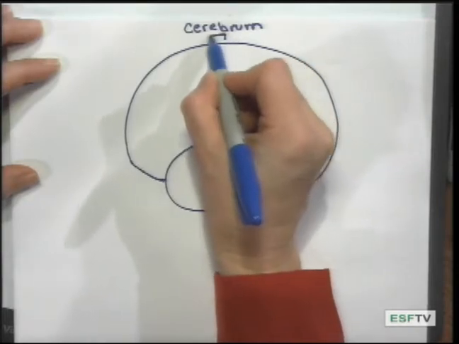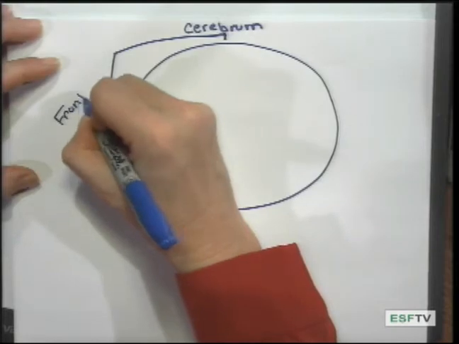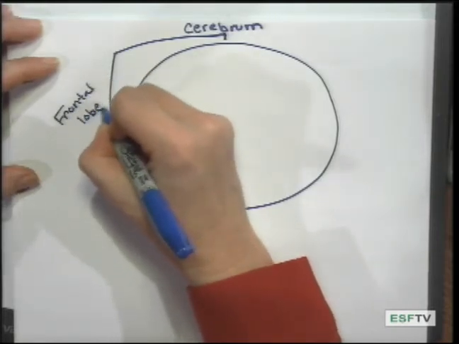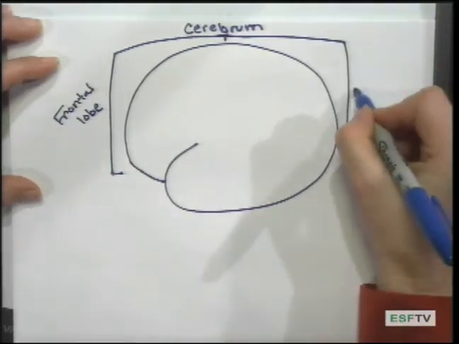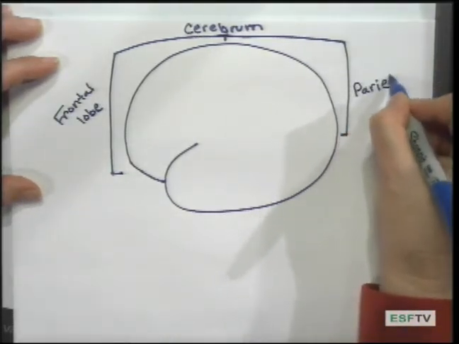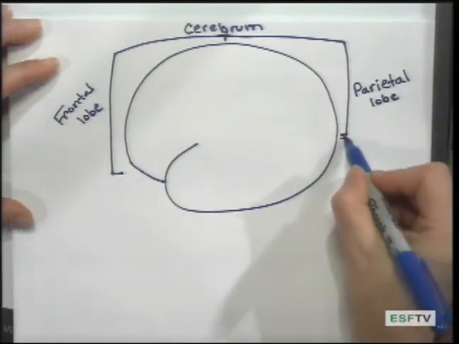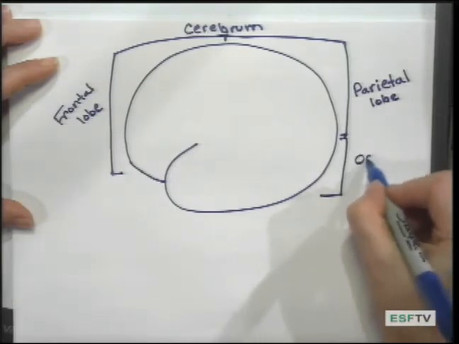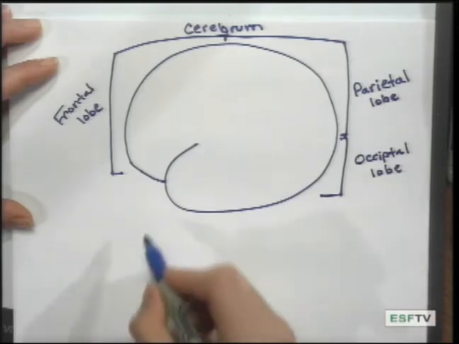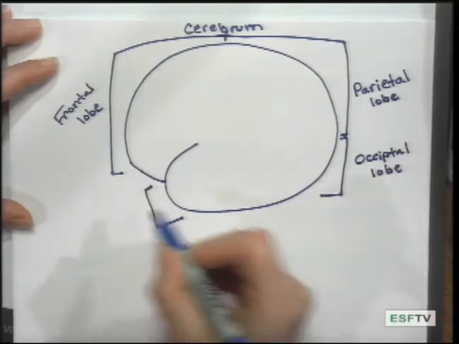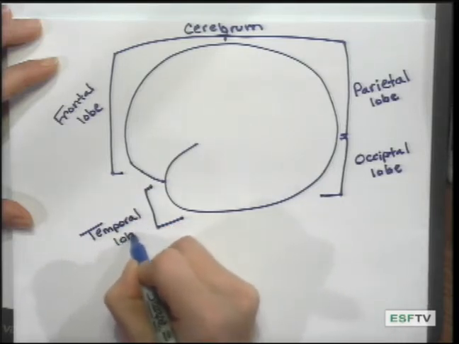You have the frontal lobe, you have the parietal lobe, the occipital lobe, and in this area, the temporal lobe.